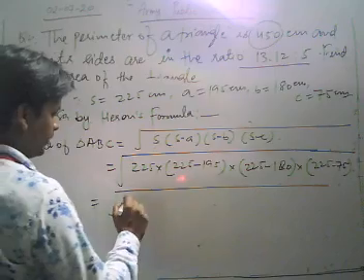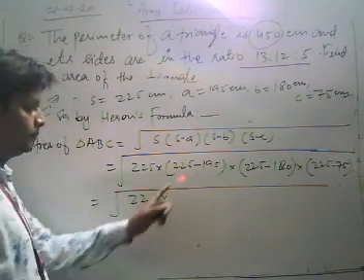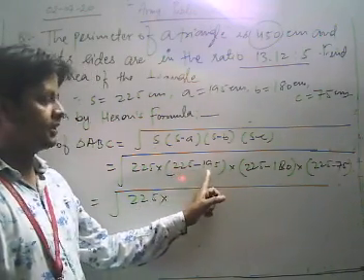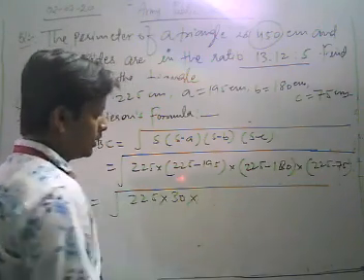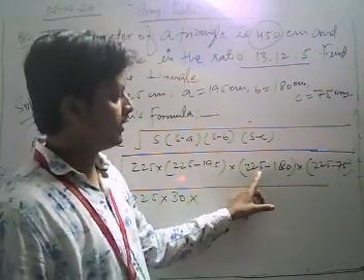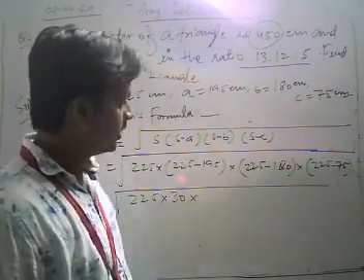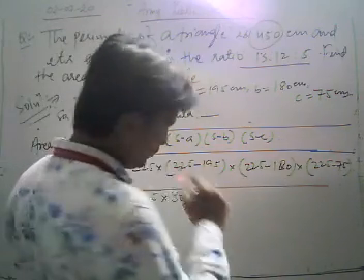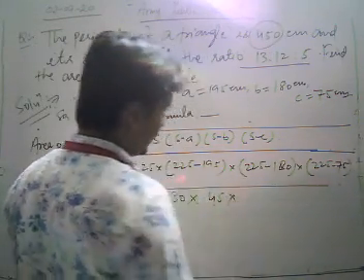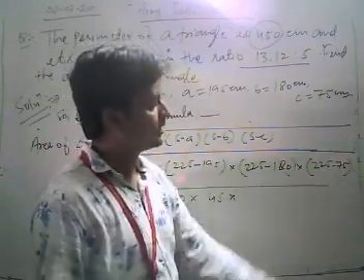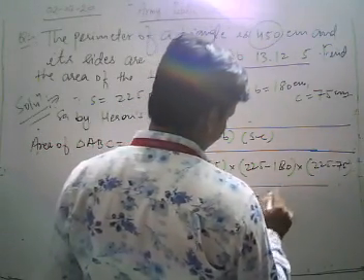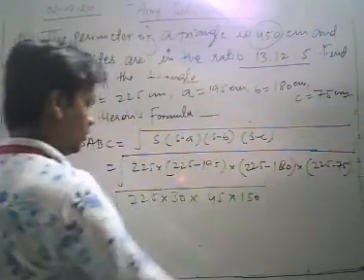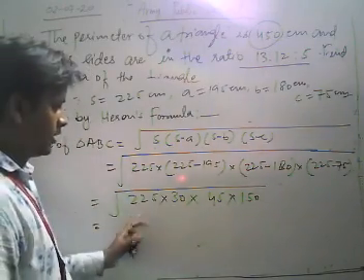After solving it, we get 225 multiplied by 225 minus 195, that is 30, multiplied by 225 minus 180, that is 45, multiplied by 225 minus 150, that is 75.